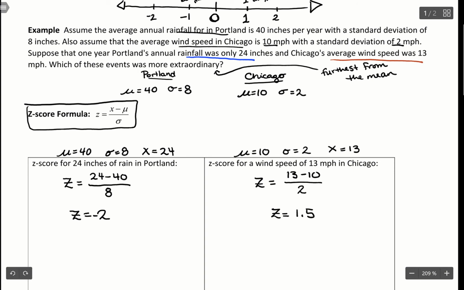But for the calculation, the numerator is looking at the distance between the value and the mean. And that denominator is creating units in standard deviations.